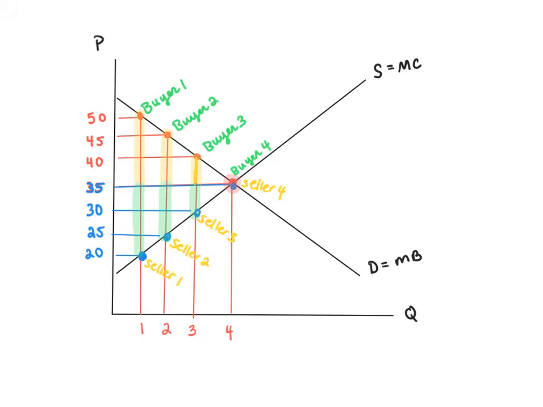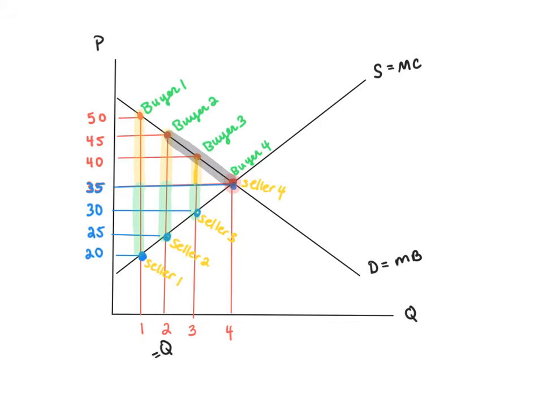For example, let's say that the market stops at a quantity of 2. Let's say that the quantity produced and bought is 2 units. This market is what we call inefficient because at a quantity of 2, we've got deadweight loss. The deadweight loss represents the surplus that could have been enjoyed had these transactions been allowed to happen.